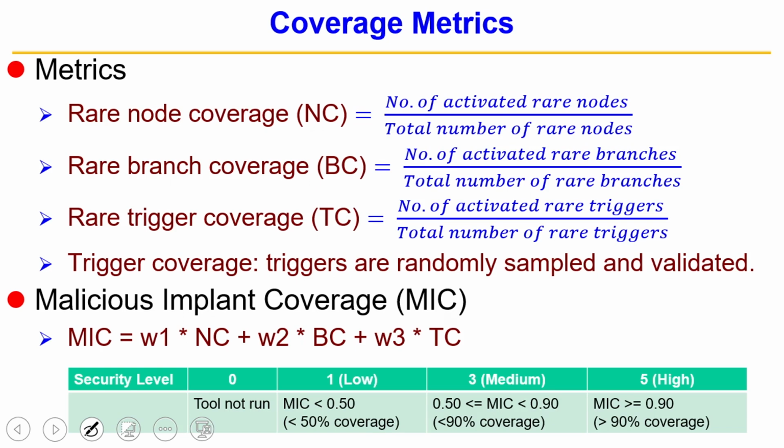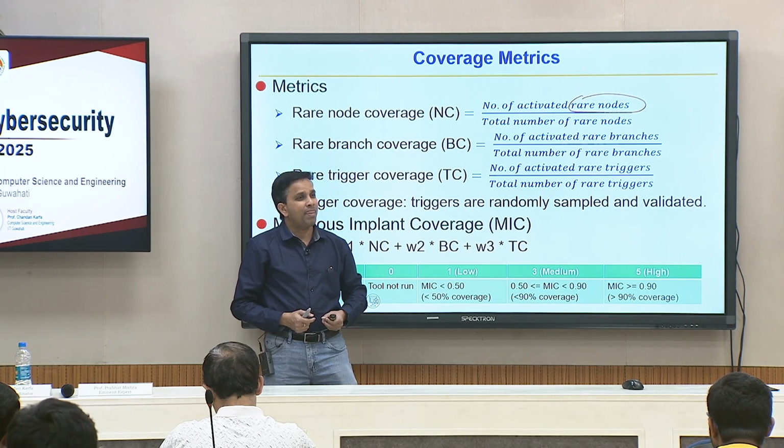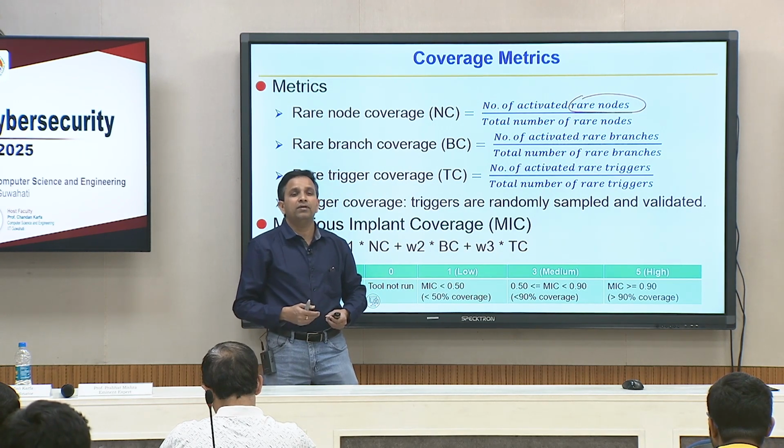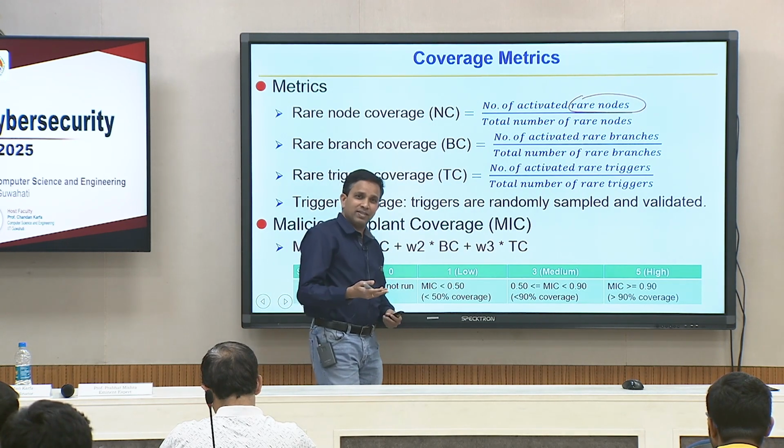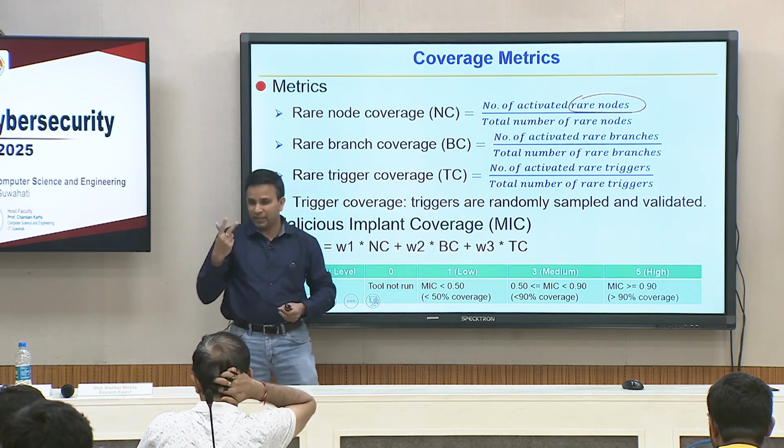Now, if I know this number is not good, how do we reduce the number of rare nodes? What can we do? If there are rare nodes, that is the property of the design. What can we do? Didn't we talk about rareness reduction as a technique? There were at least two techniques we talked about.